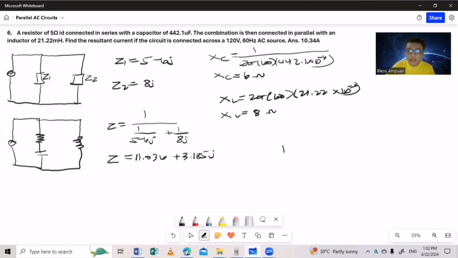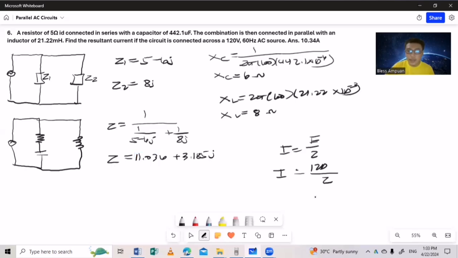To get the current, just use the voltage over impedance. The voltage here is 120 volts. Therefore, we substitute the impedance value in here.